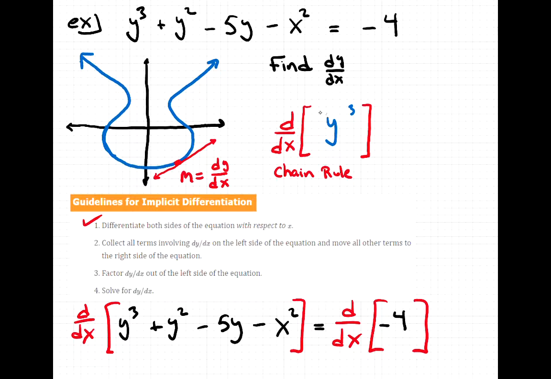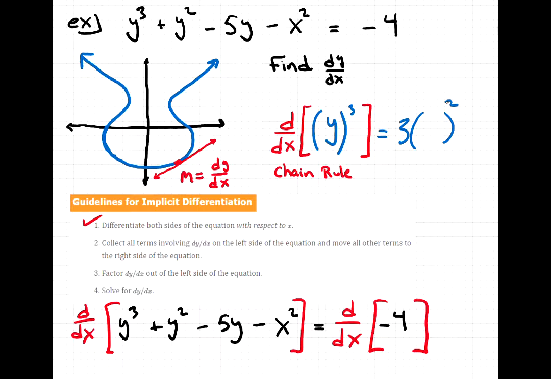If we do this, then you'll see we have an outer function, which is the third power, and an inner function, which is the y. So the chain rule says you take the derivative of the outer function. That's the power rule. 3 comes down and drops by 1.